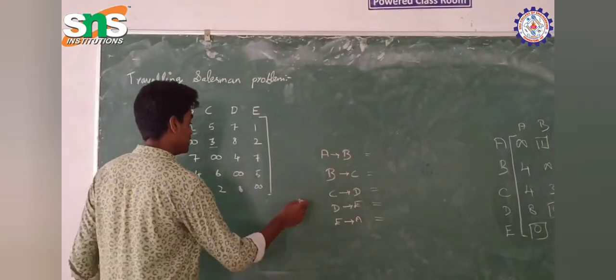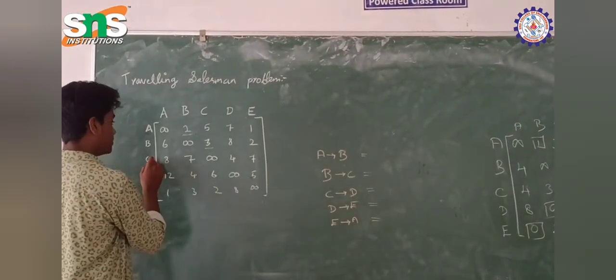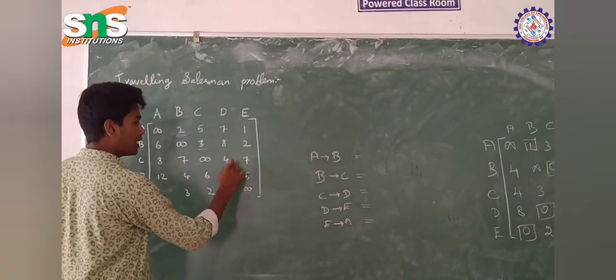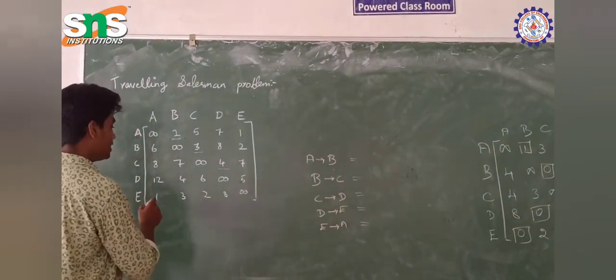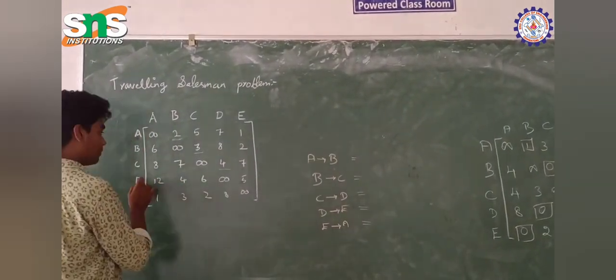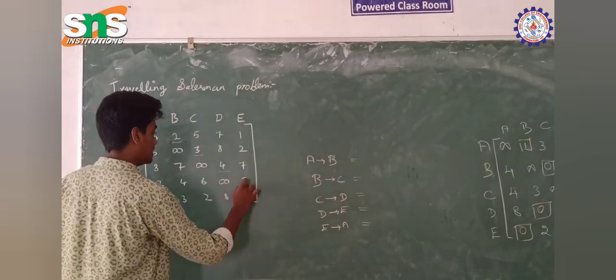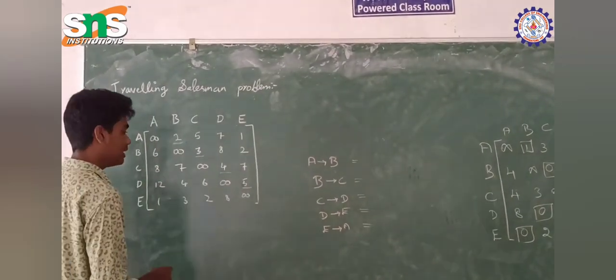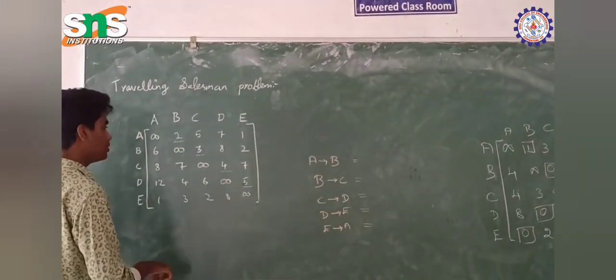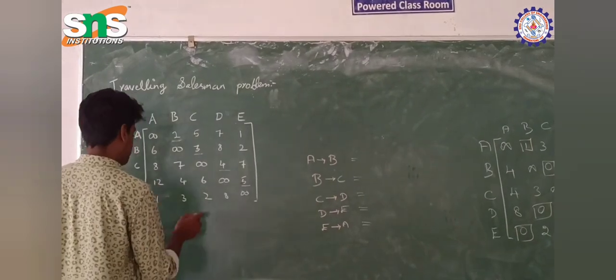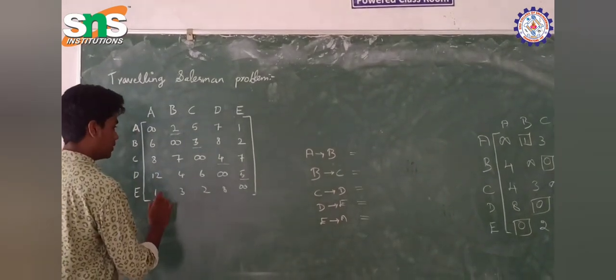Then C to D. So from C to D, we are highlighting this 4. And D to E. From D to E, it's 5. Then we are going back from E to A. So we are highlighting this one.